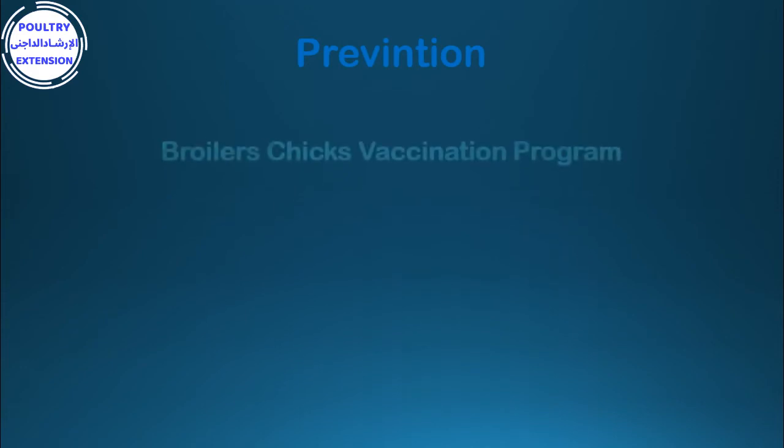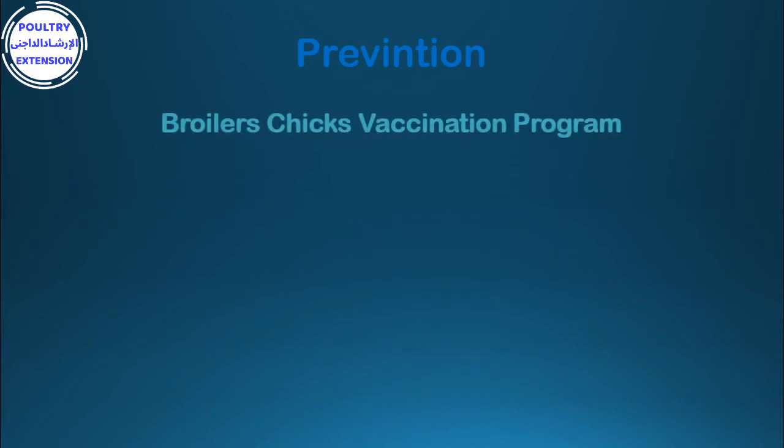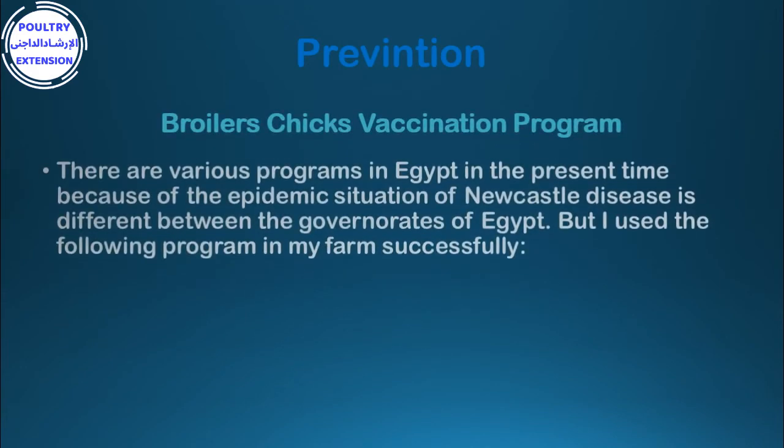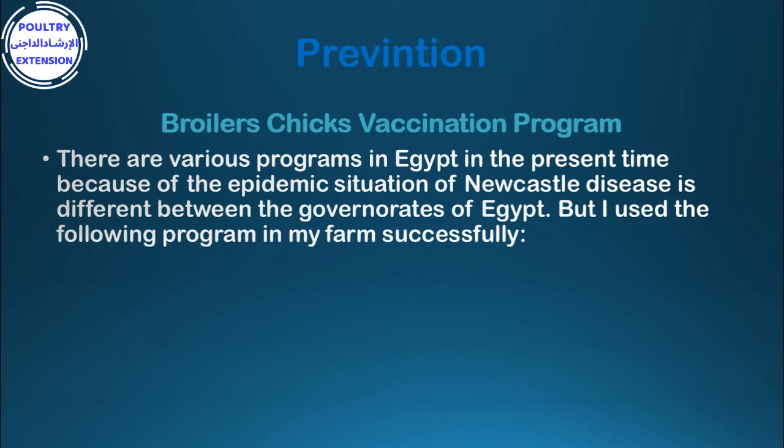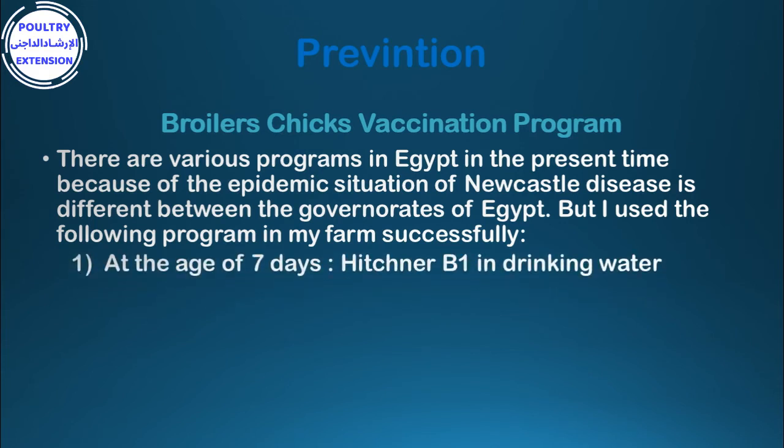Prevention. Broiler chicks vaccinating program. There are various programs in Egypt at the present time because the epidemic situation of Newcastle disease is different between the governorates of Egypt. But I use the following program in my farm successfully. 1.